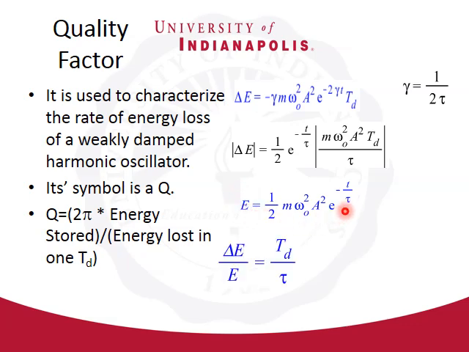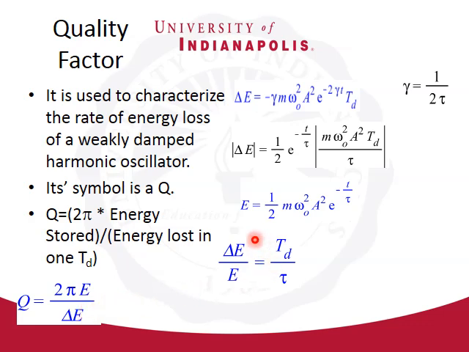So now I can find the change in energy over the total energy. And if you do that, you come up with this representation. Well, why do I need to do that? Well, by definition, Q is this, right? 2 pi times the energy stored in the system divided by the change in energy over one period.